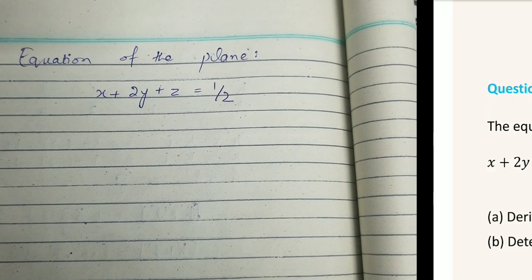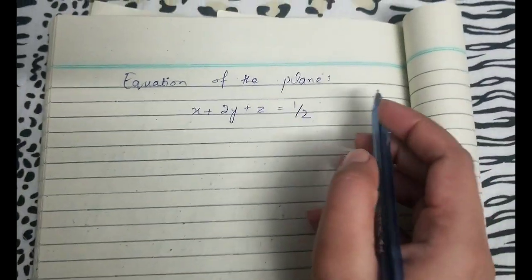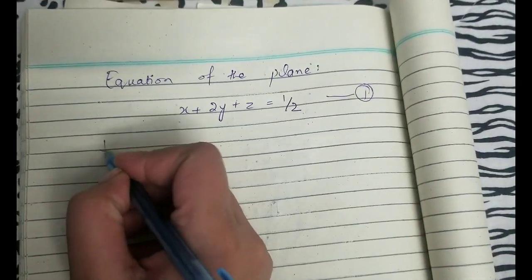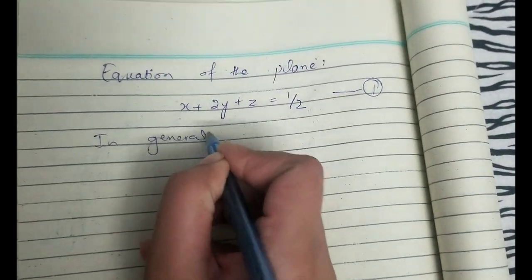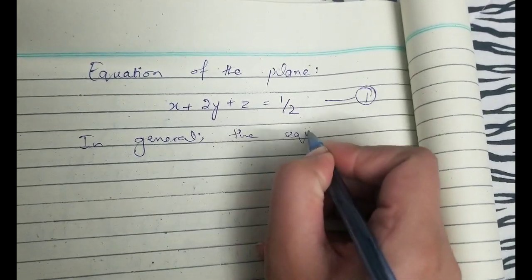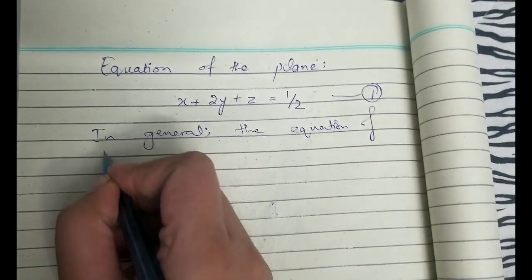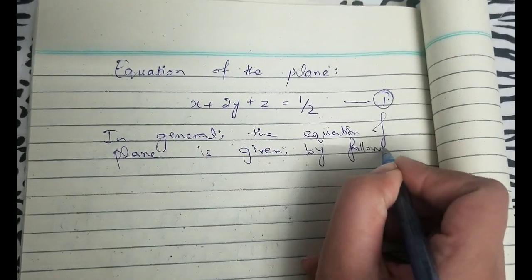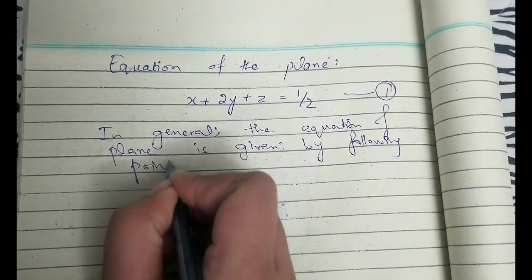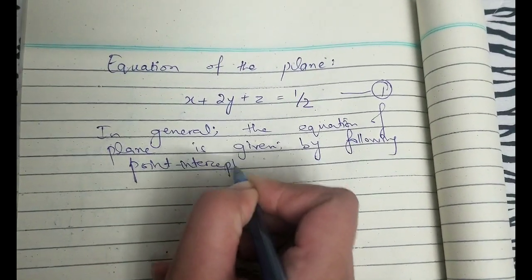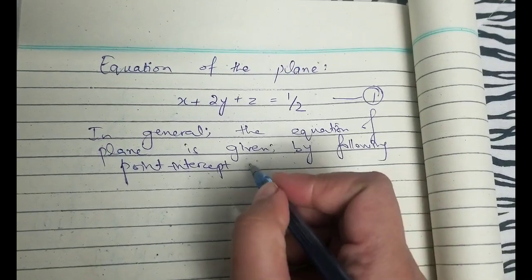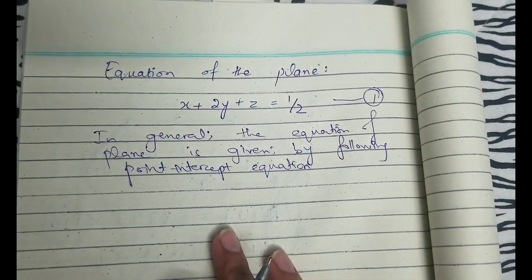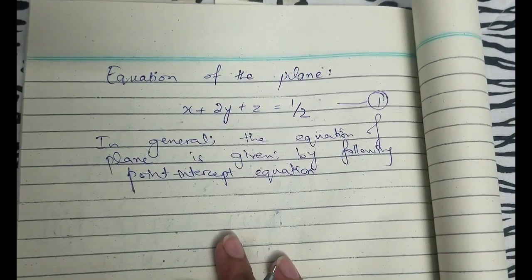So let's start. Here is the equation of the plane that we are given, let us call it equation number 1. And in general, the equation of a plane is given by the following intercept form. In mathematics we call that specific equation the intercept equation, or you can simply call it the equation of a plane.